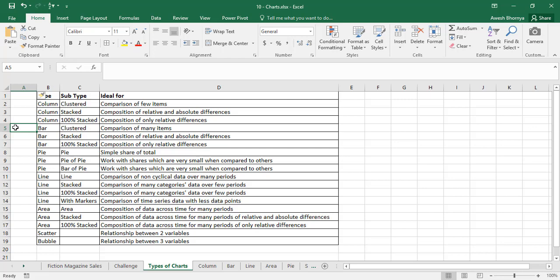Now, these are certain terminologies or terms which you may have heard for the first time, but don't worry, I will be clarifying and giving you a clear picture of all these terms when we actually create the graphs and the charts. Scatter charts are used when you are trying to compare the relationship between two variables. Say for example, you want to compare the relationship between advertising and sales.